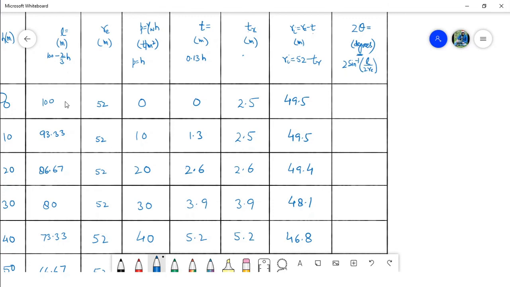L is here 100, RE is here 52. Now let us prepare a general formula. 2 theta is equal to 2 into sine inverse of L by 2 times 52, where L is variable. So you only have to put the values of L.